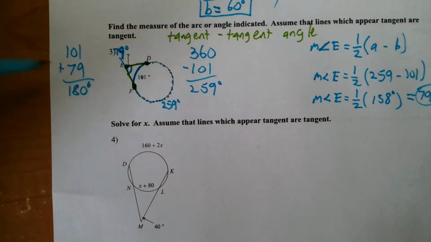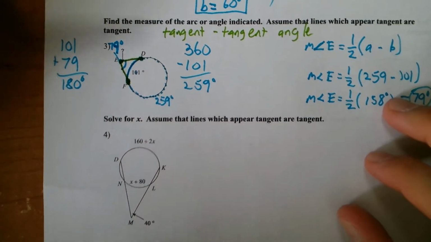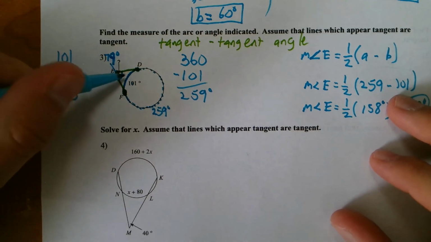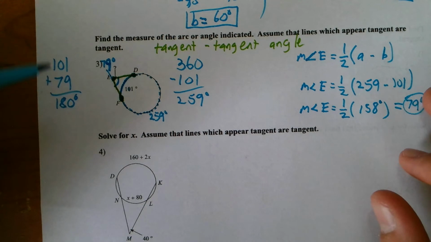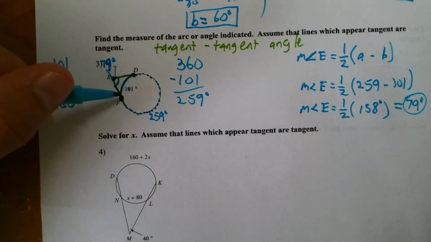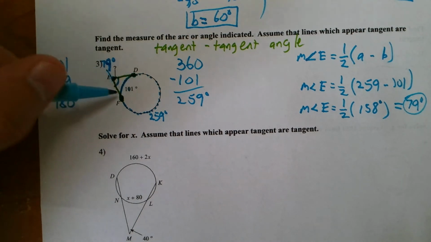So with tangent-tangent angles specifically, the measure of the tangent-tangent angle plus the measure of the small arc will always equal 180 degrees. That's a little shortcut you can use if you have the arc and you want to find the angle, or if you have the angle and you want to find the small arc.